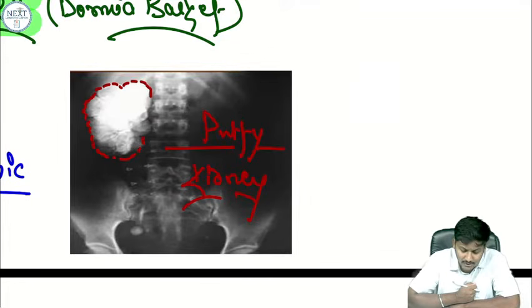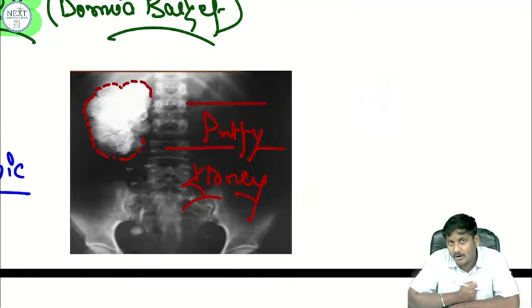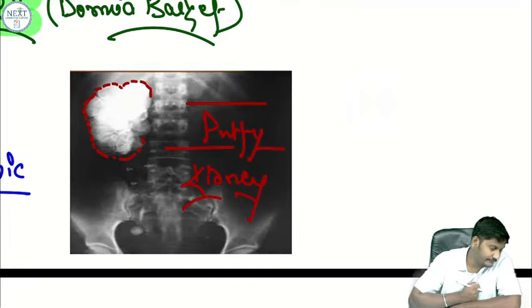This is putti kidney, fine, but a similar picture will come in your examination and they will say that the patient is not having any signs of TB, rather the patient is having low backache along with fever, and the patient will have pain on extension of the hip. Whenever the patient tries to extend the hip or the leg, the patient will have a lot of pain. What is the diagnosis? Let me know in the chat box.